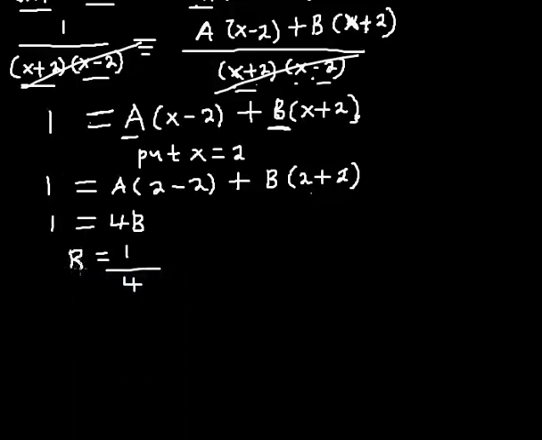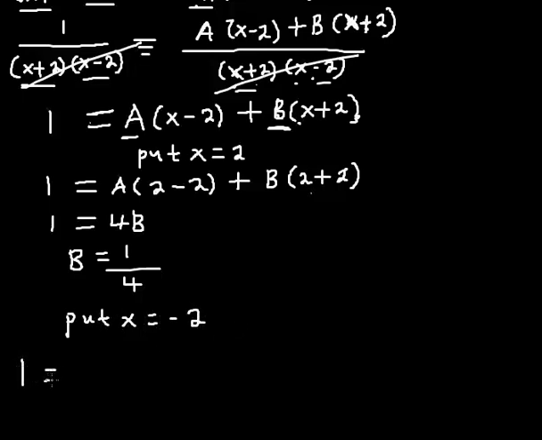I have to eliminate b, right? So in this case, for me to eliminate b, I have to put x to be equal to -2. All right, so let's go.